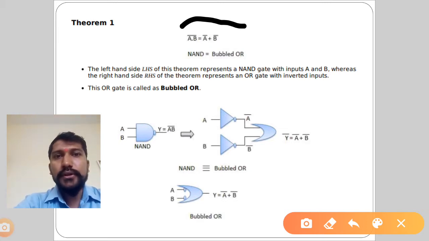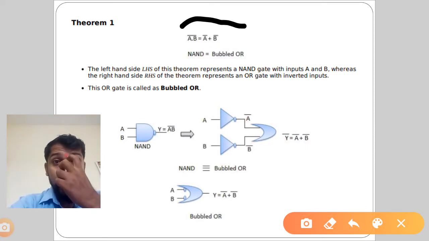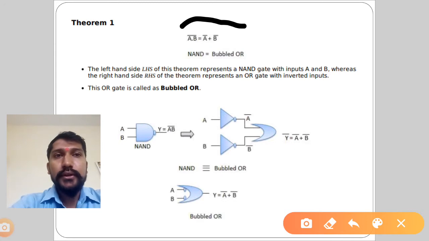That is your De Morgan's first theorem. So left hand side is equal to right hand side. We have to prove whether the given left hand side and right hand side statements are equal or not. So that is De Morgan's theorem.